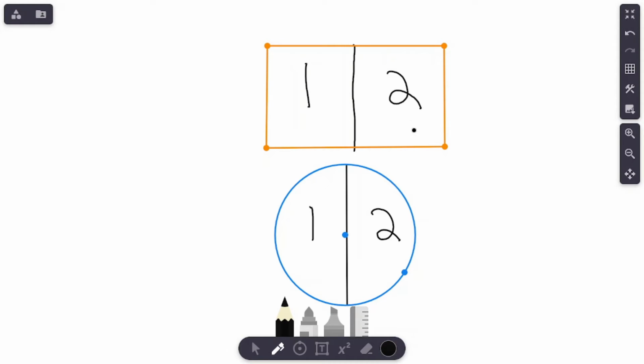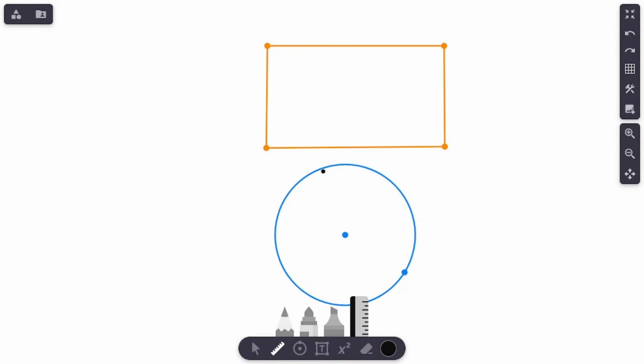That's kind of what I want you to understand first. When we break a figure up into equal parts, that's going to help us get to this next step. Let me show you what I'm talking about. Let's say that instead of breaking this rectangle into two sections, I broke it into this many sections.